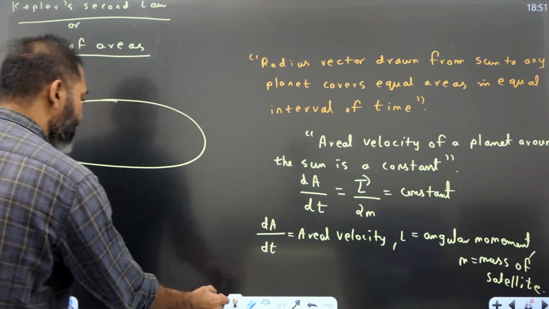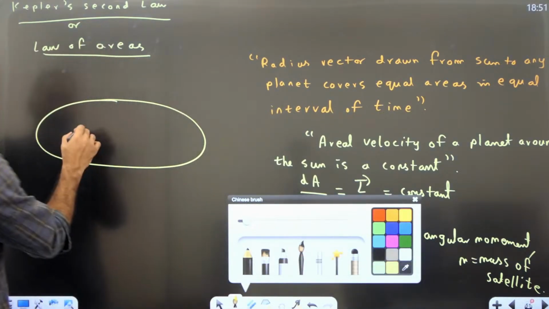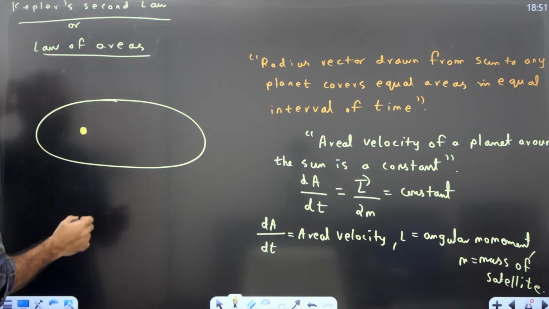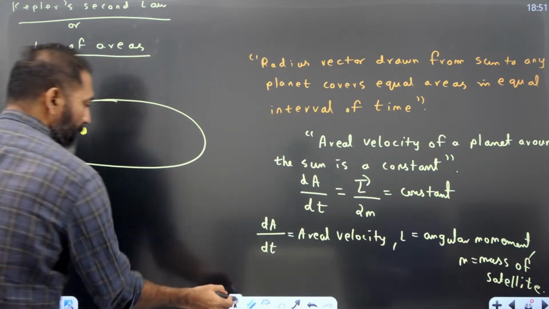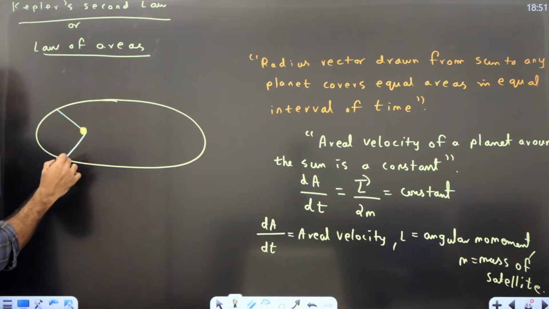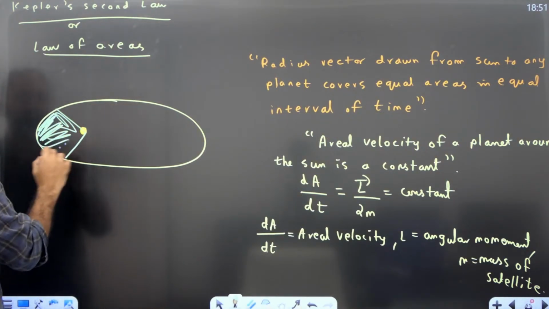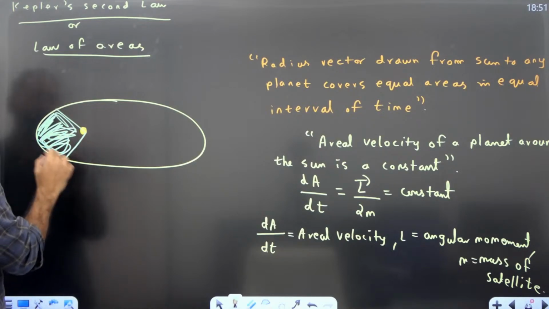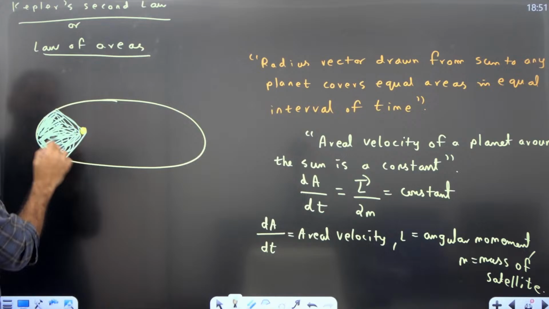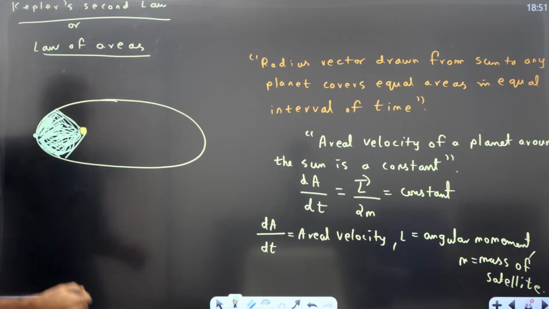Now this law states that suppose at the center we have the sun. See, this is a very tricky law, not easy to understand. Suppose the planet is here. So this is the area covered by the planet when it is closer to the sun.